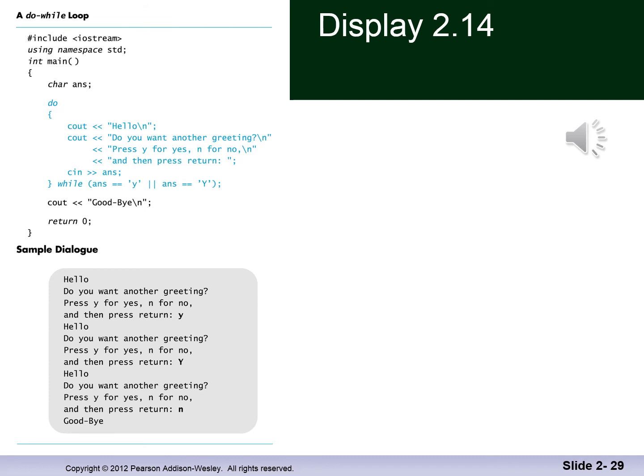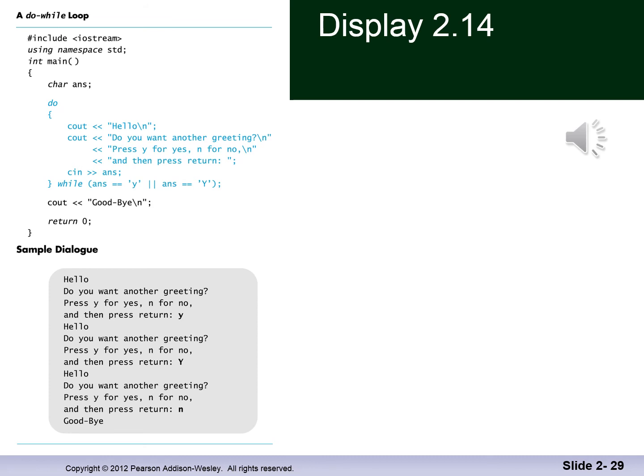While ans is equivalent to lowercase y, or ans is equivalent to uppercase Y, you continue to loop. So as long as this person types a Y, lowercase or uppercase, they will get another iteration of the loop. How many times will this loop execute?